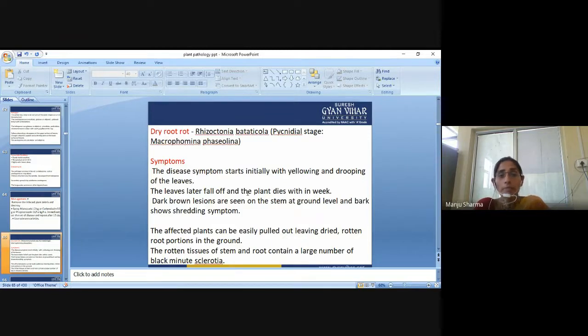The symptoms: the disease starts initially with yellowing and drooping of the leaves. The leaves later fall off and the plant dies within a week. Dark brown lesions are seen on the stem at ground level.